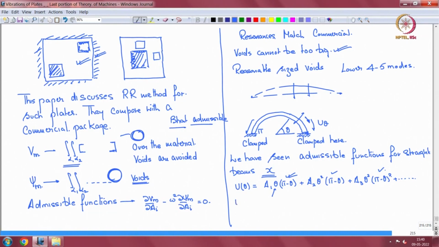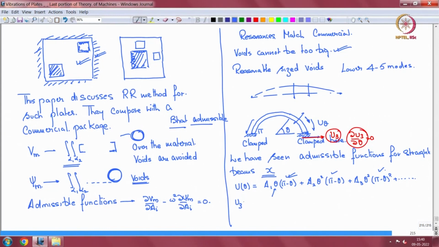Okay, then u3, there are two things. This is u3 here, at this point this is u3. Then you have del u3 by del theta is also 0. The slope is also 0, this is clamped, built into the wall.